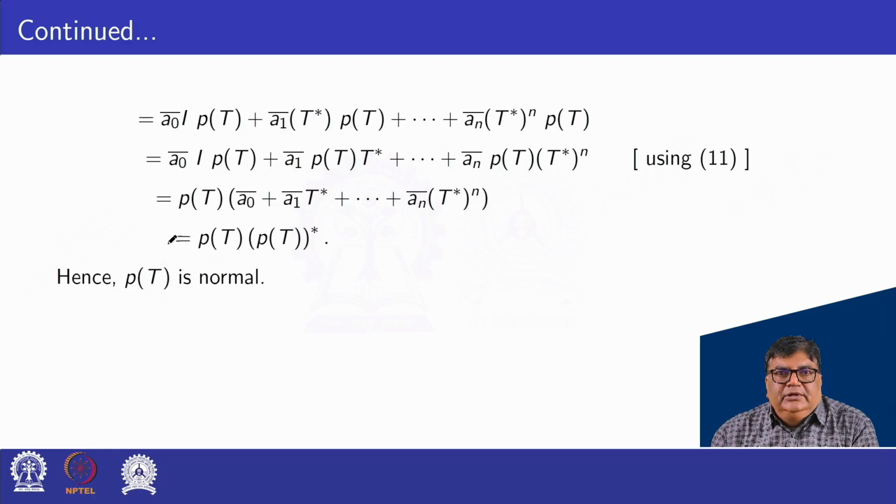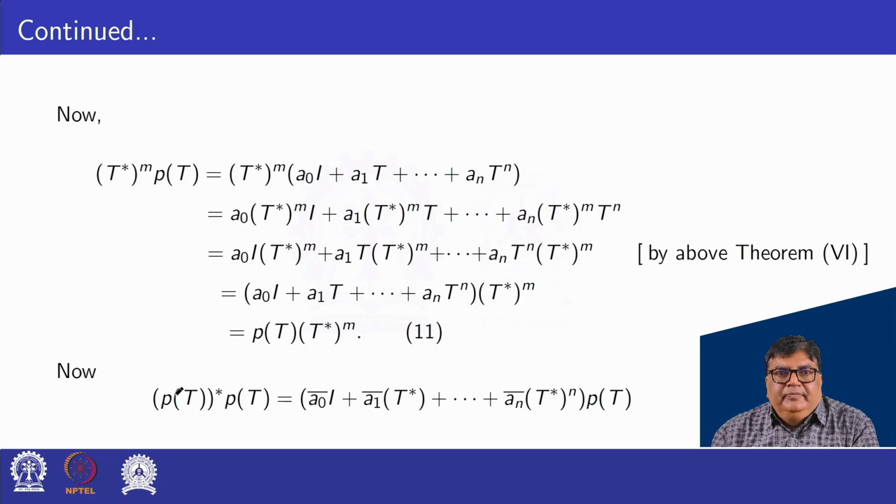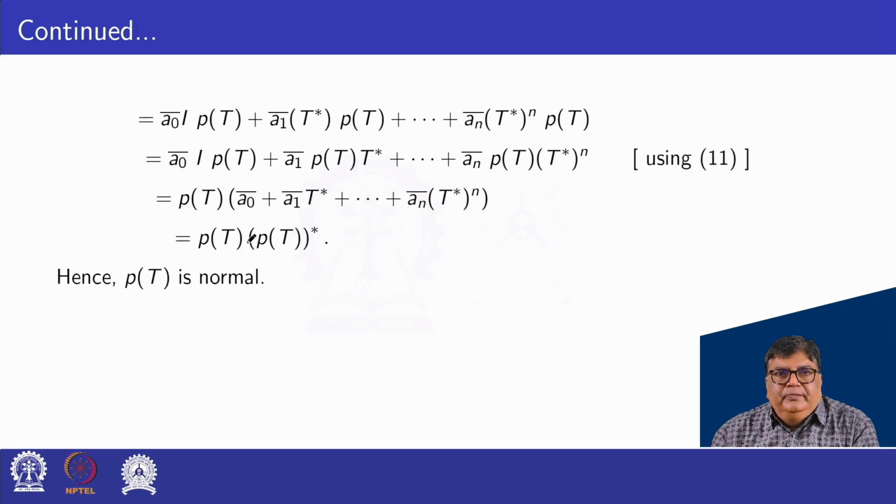So this is equal to P(T) into star of P(T). Hence here star of P(T) into P(T) equal to P(T) into star of P(T). That is, this is of the type T T star is equal to T star T. So this proves that P(T) is normal. This completes the proof of the theorem.